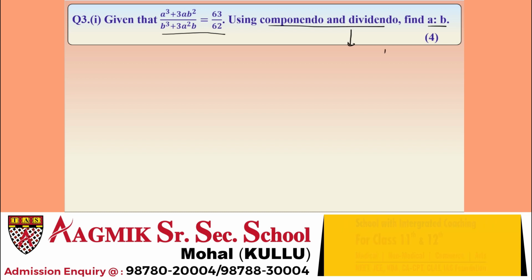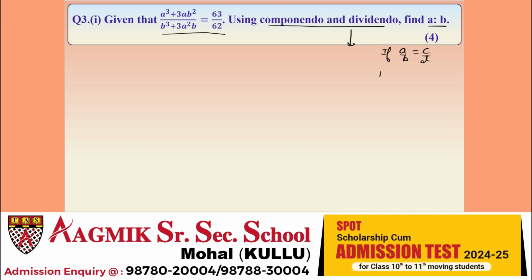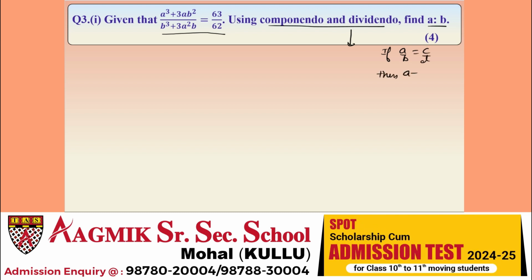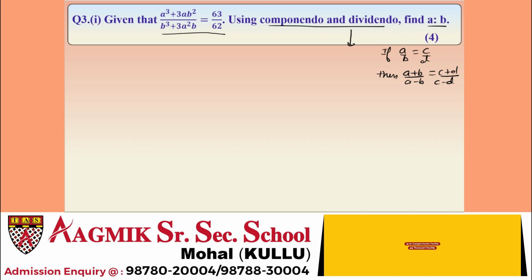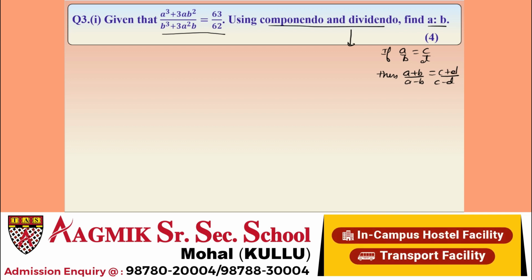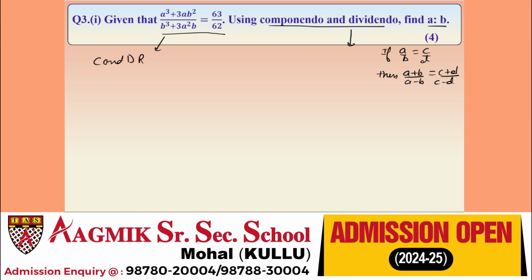Componendo and dividendo rule is that if you have a over b equal to c over d, then we have (a + b) over (a − b) is equal to (c + d) over (c − d). So we are going to use this rule. Let us apply the componendo and dividendo rule.